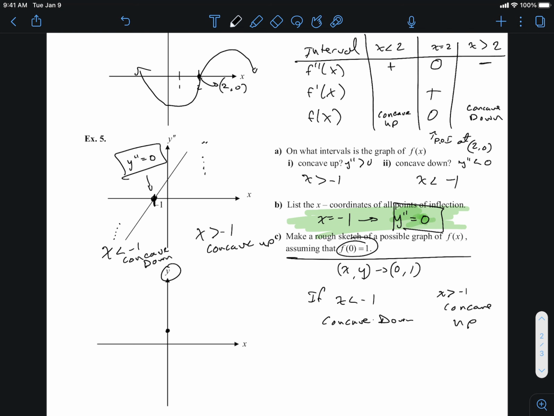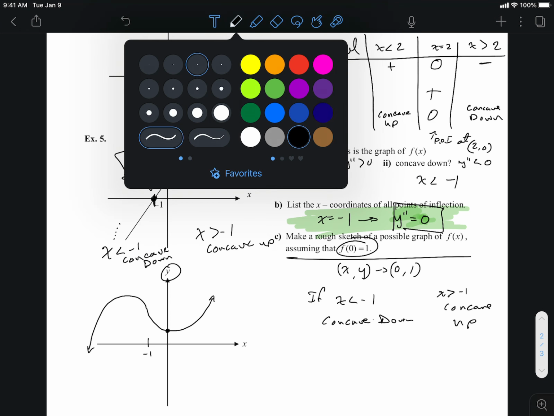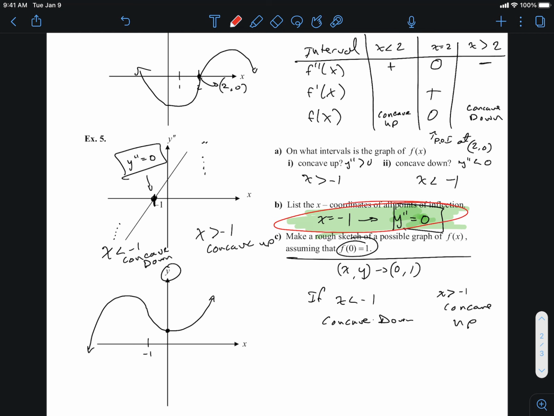From x is -1, we know that the graph has to be concave up, and for x less than -1, we know the graph has to be concave down. And so it fits part B here. Sorry, here I'll draw this. It fits part B in saying at x equals -1, the second derivative is going to be equal to 0, which tells us that this is an inflection point.